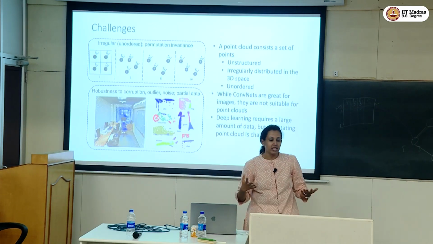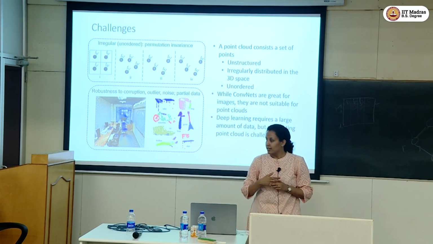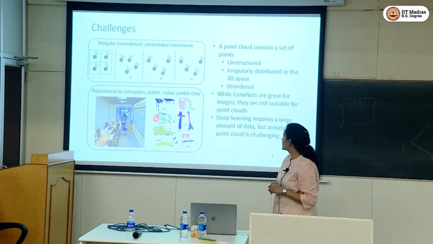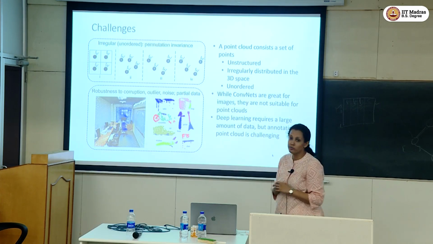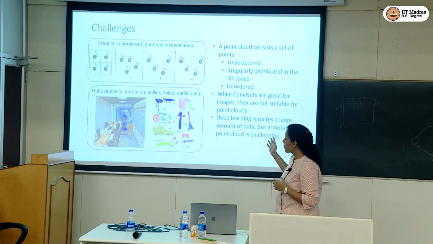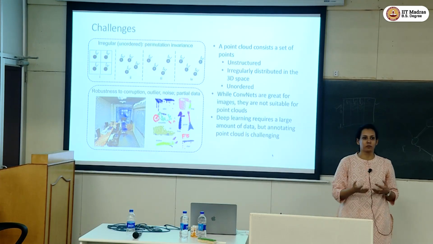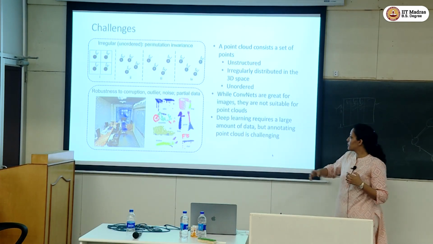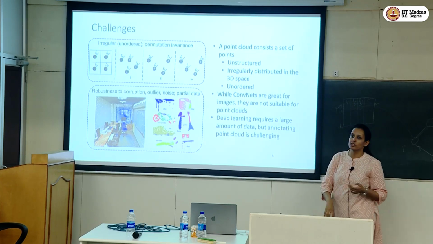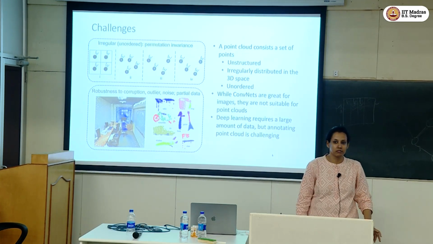The challenges are the same, which I've already mentioned: irregular, unordered, unstructured, and so on. CNNs are great for images, but they are not suitable for point clouds. Another problem, which might not be there now because people have self-supervised and few-shot learning methods, was that when I started working on this, for 3D data you needed a lot of data for good training.